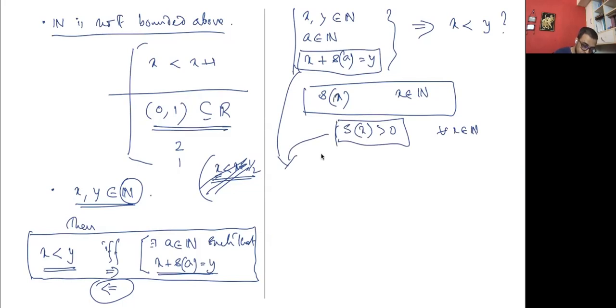So here I'll use it for the element a. Same statement, but just so that notationally we are fine. So S of a is positive and x plus S of a is y. Those two together will tell you that x is less than y, right?